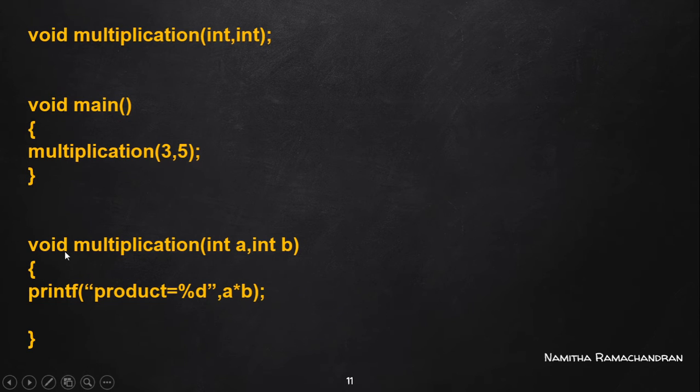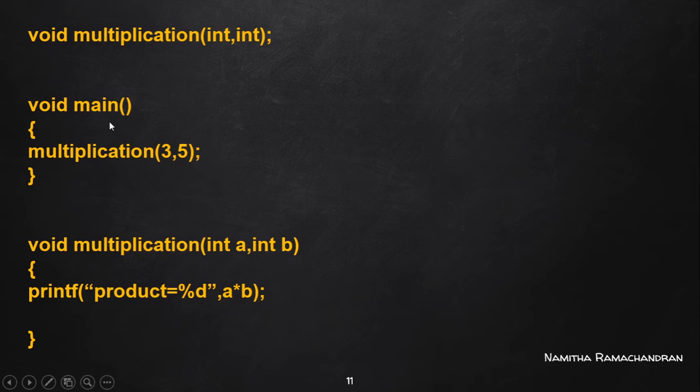And here is the function definition part. Here, the formal parameters mean the parameters used in this function definition. Using these formal parameters, we can implement the function body. Here we have a single printf statement in which we display the product value.